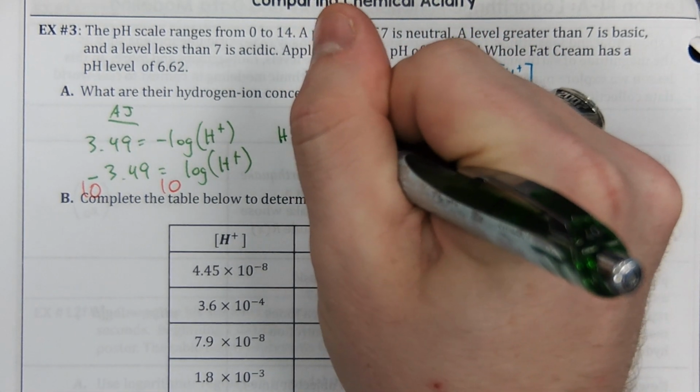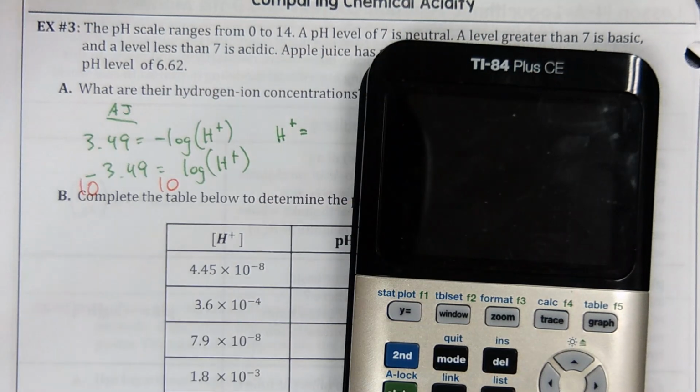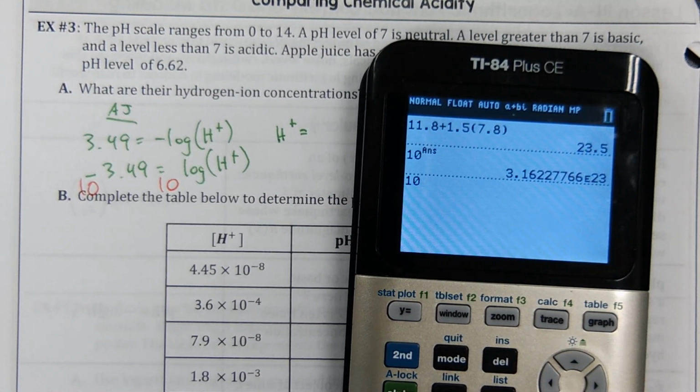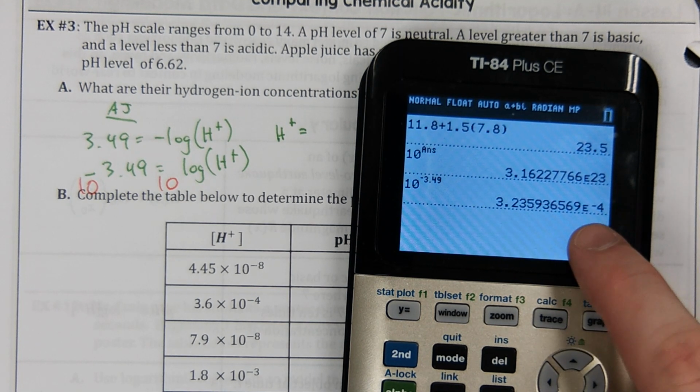And I feel like you're better off just writing it as 10 to the negative 3.49. I mean, if you wanted to see what that is, you're going to get something back in scientific notation. You know what? Maybe we should do that, because isn't that how chemistry is often done?